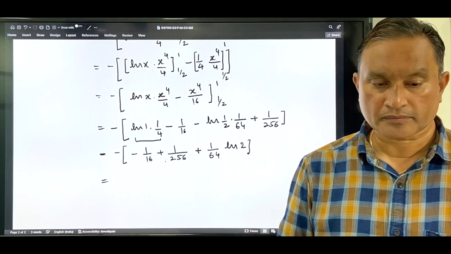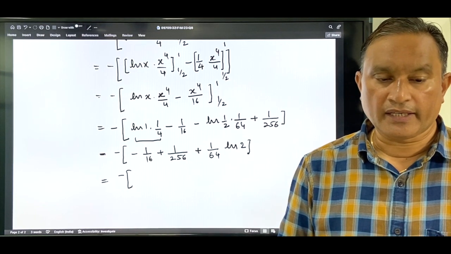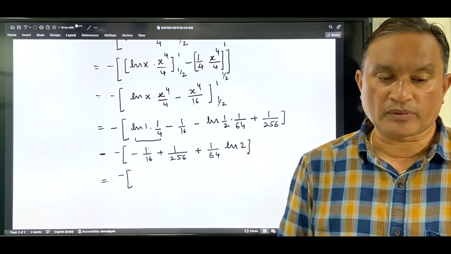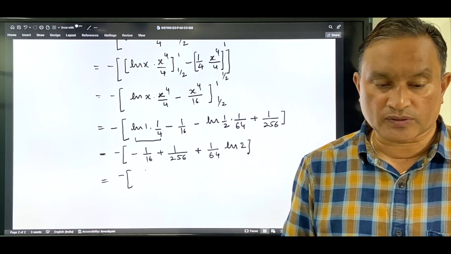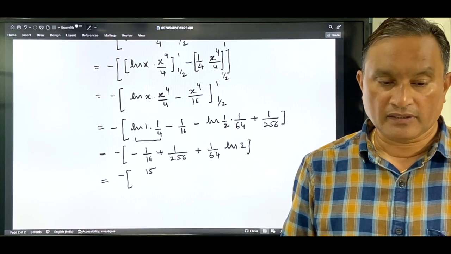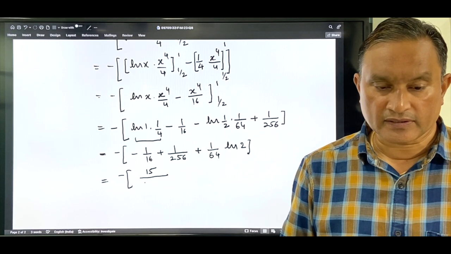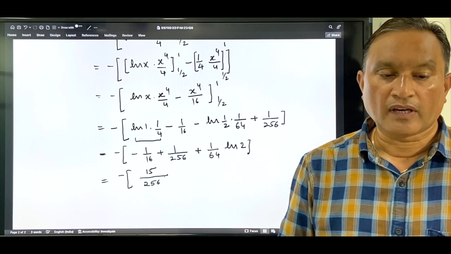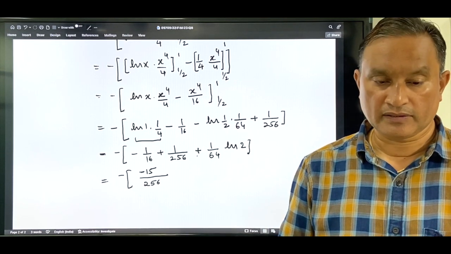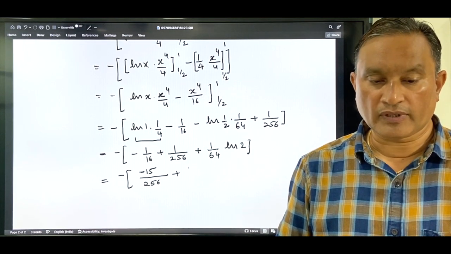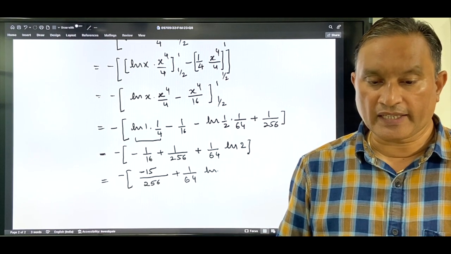So we will be getting here minus, and you can multiply 16 in numerator and denominator, so this would be 16 minus 1, so 15 upon 256, and this would be negative, plus 1/64 ln 2.